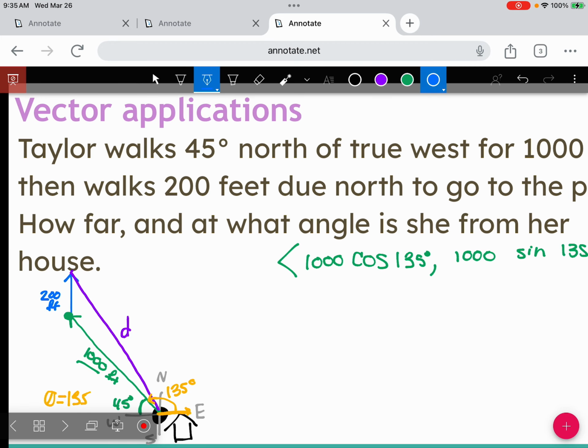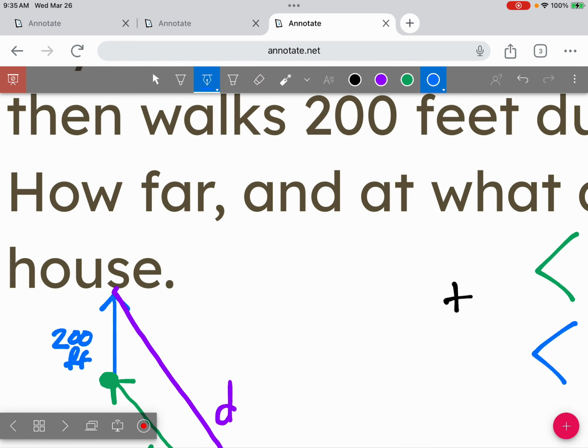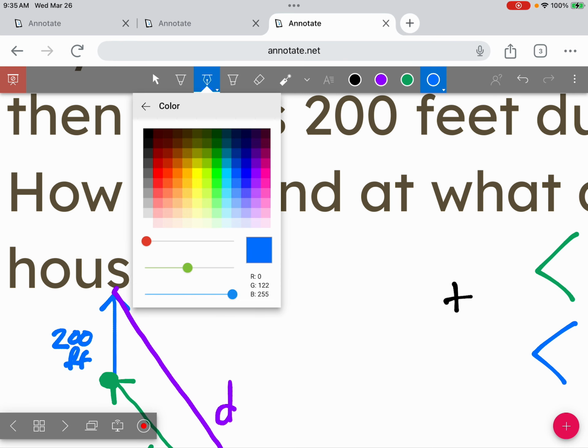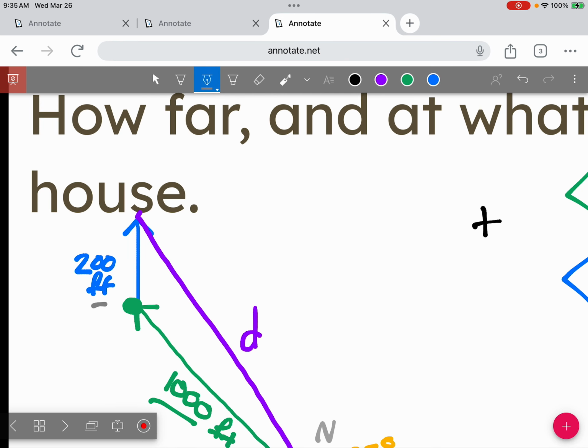And we want to combine it together with our blue vector to get up to where the purple one would be. So we're going to add the blue vector. What is our blue vector going to be? What's the angle on it? 90.